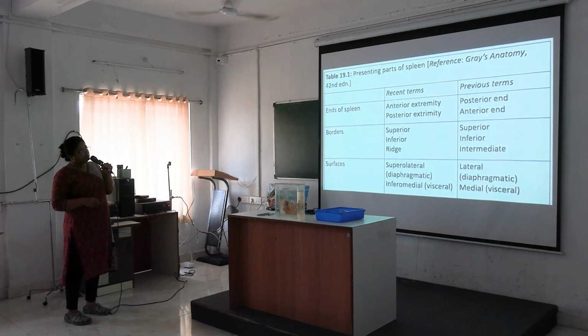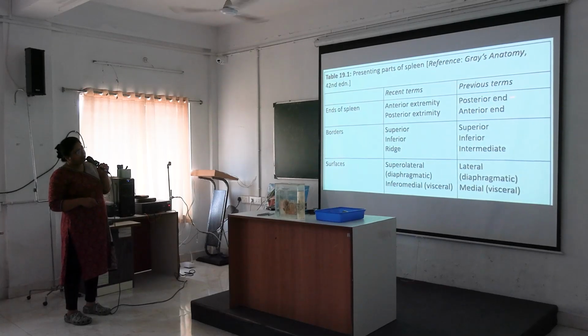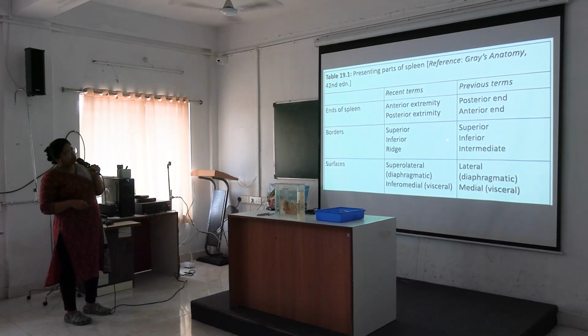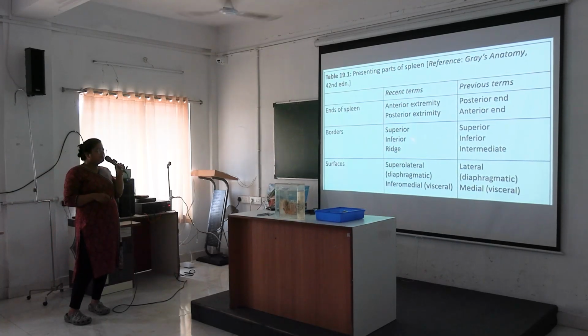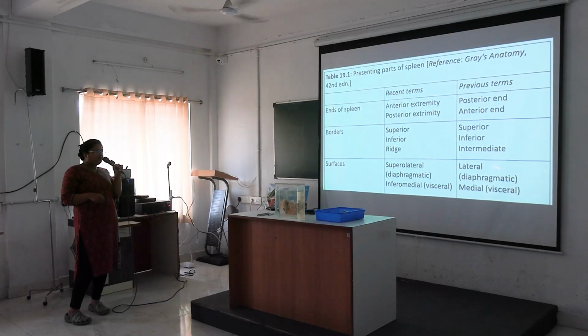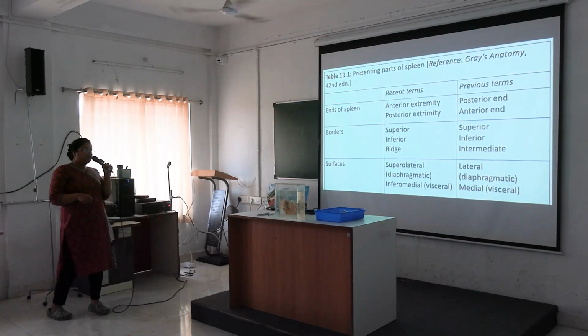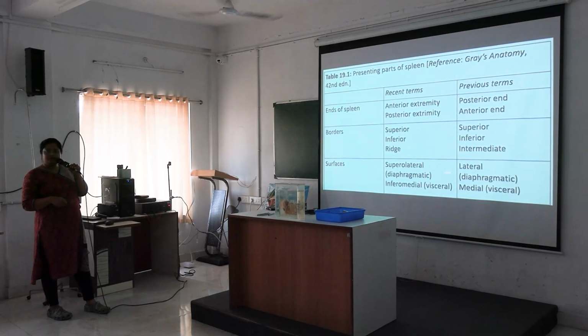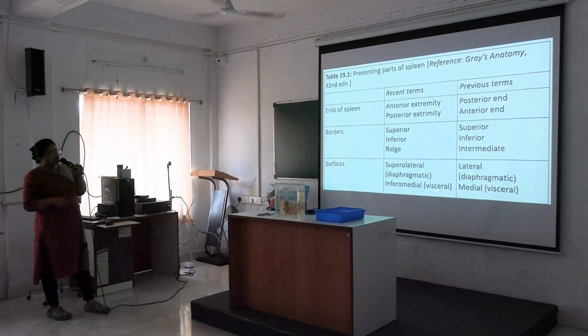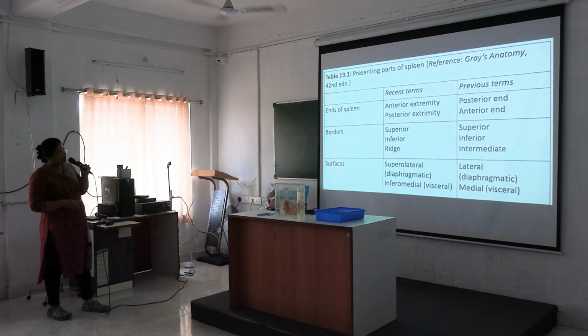These are the anterior end, posterior end, and two borders, superior and inferior, sometimes with an intermediate border, that is a ridge-like structure. And two surfaces, lateral or diaphragmatic, and medial or visceral. These terms are sometimes used: lateral is considered superolateral, medial is considered inferomedial.